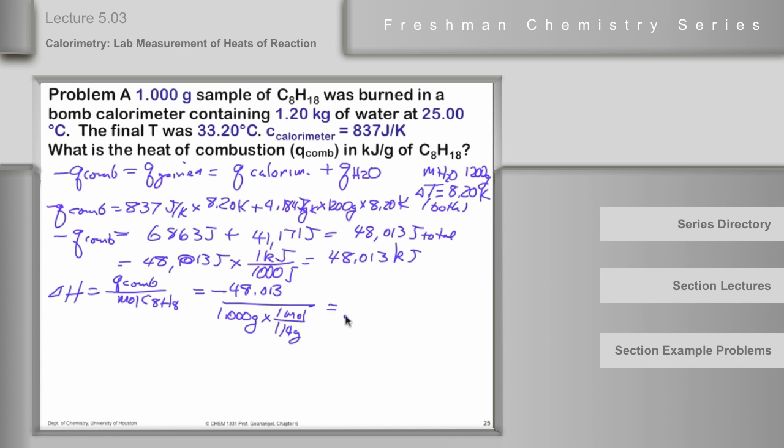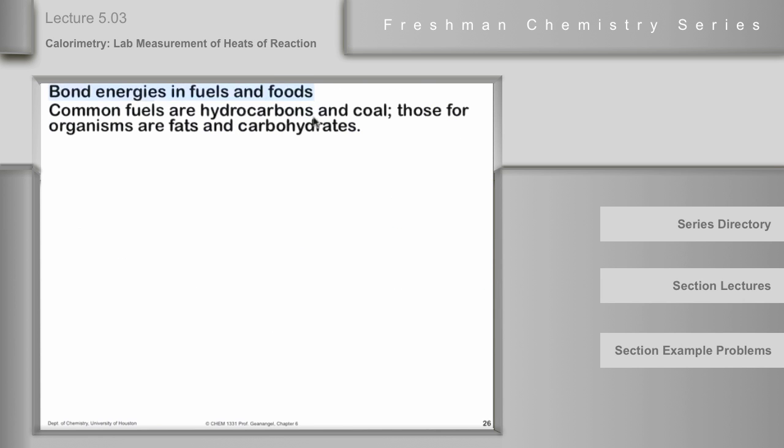Didn't ask for that, but if it did, that's how you would get it. Common fuels are hydrocarbons and coal and wood and things like that. Fuels for organisms are mainly fats and carbohydrates. And these molecules have carbon-carbon bonds and carbon-hydrogen bonds, and when they undergo combustion, what happens to them? The carbon-carbon bonds break and form carbon-oxygen bonds.